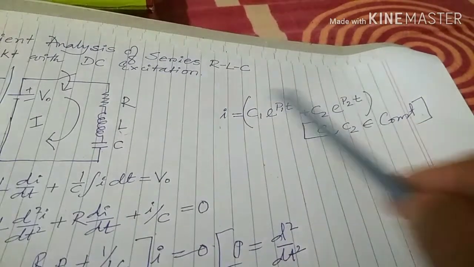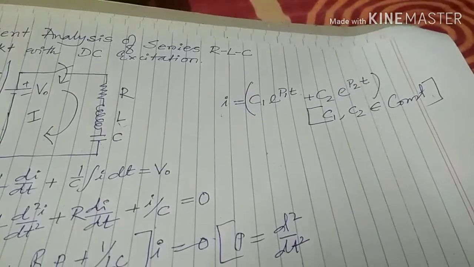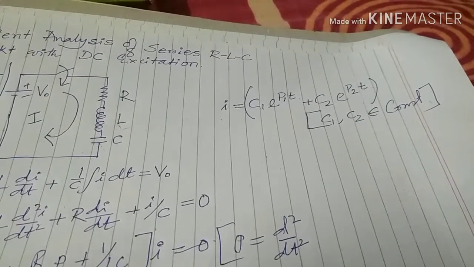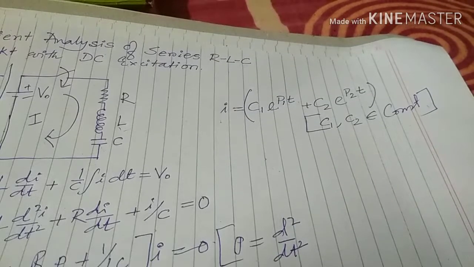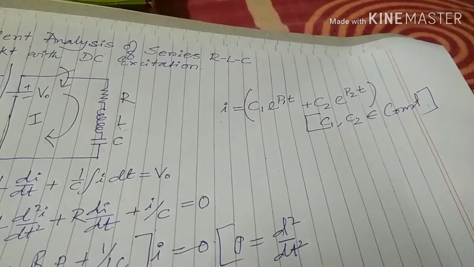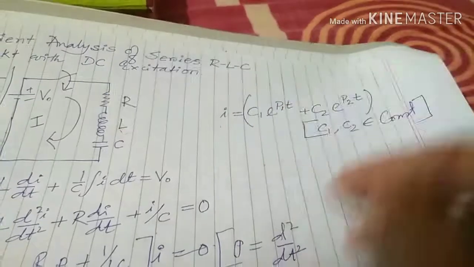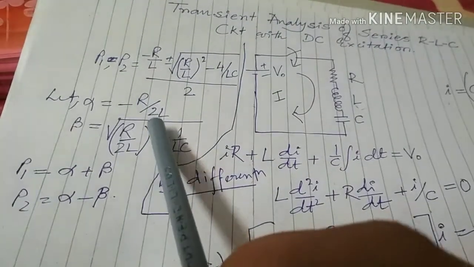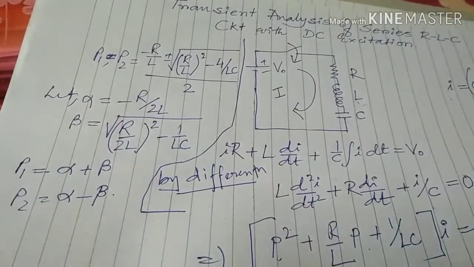This is the solution of a second order differential equation. Now we have three cases because of beta, that is root over (R by 2L) whole square minus 1 by LC.